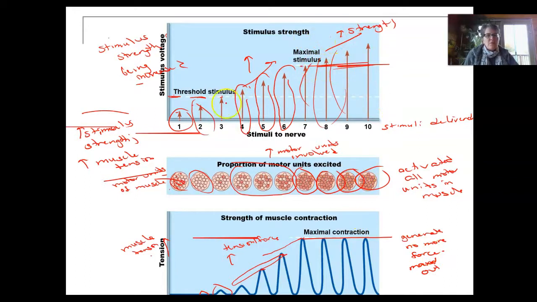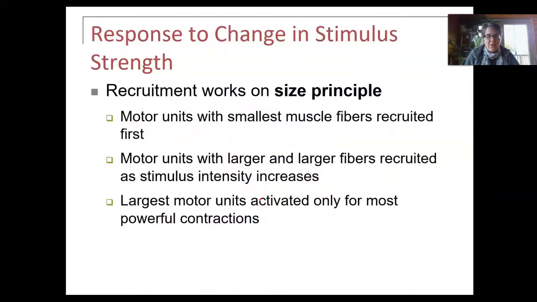So you're at 1, I need to hit threshold for tension to increase. As I increase stimulus strength past threshold, I will increase force up until I've activated the whole muscle. And after that, I'm not going to get any more strength out of it than what I've already gotten by activating the whole muscle.